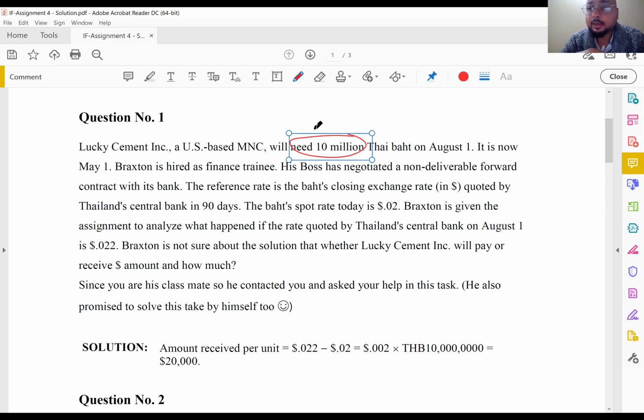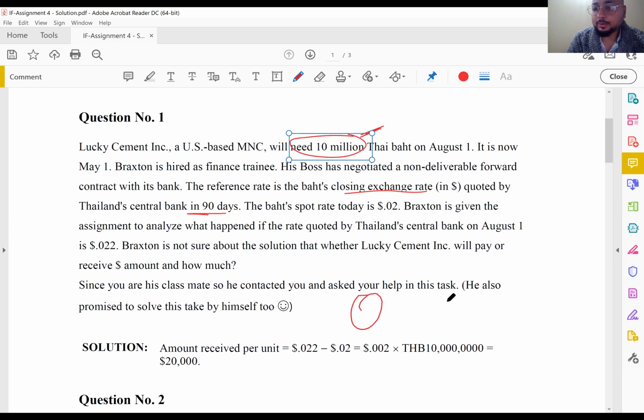So in a non-deliverable contract, this serves as a reference amount. The reference rate is the baht closing exchange rate in dollars quoted by Thailand's Central Bank in 90 days. So now we know that this is a 90-day contract.